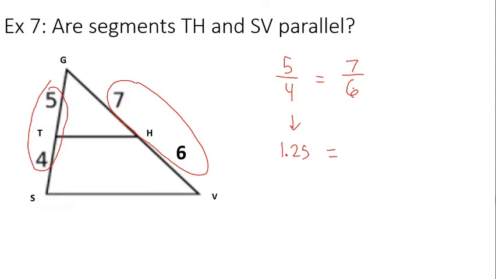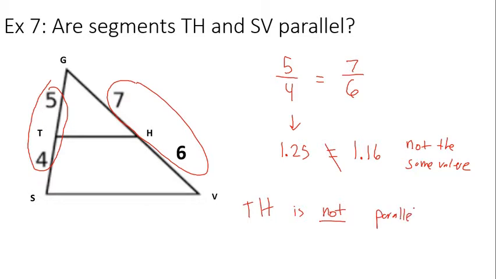And I'll take 7 divided by 6. This gives me 1.16. So these are not the same value. So I say these are not equal to each other. So I'm going to say here TH is not parallel to SV.